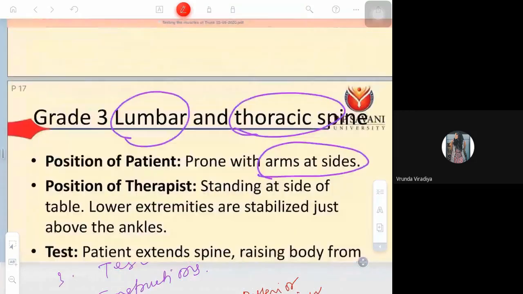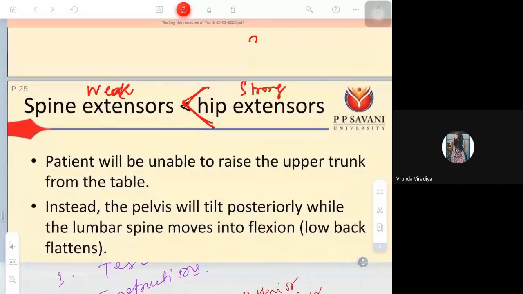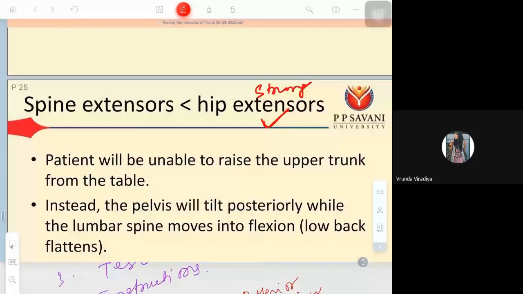What will happen if the gluteus, so what we have discussed here? Hip extensor is normal or strong. First position. So what can you observe?